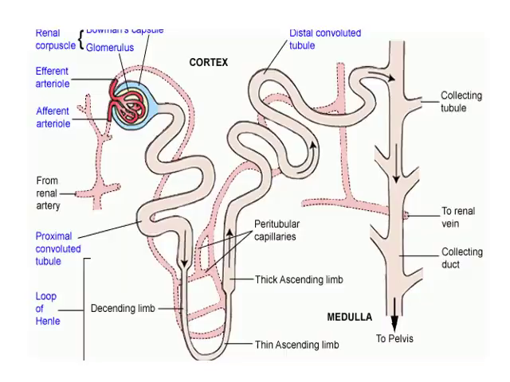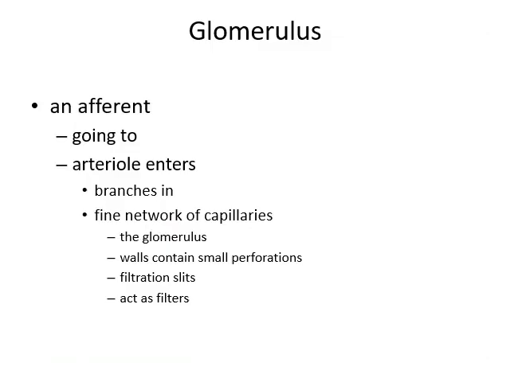The glomerulus is a combination of blood vessels, with an afferent vessel and an efferent vessel going toward the arterioles, entering into the nephron and branching into a fine network of capillaries.